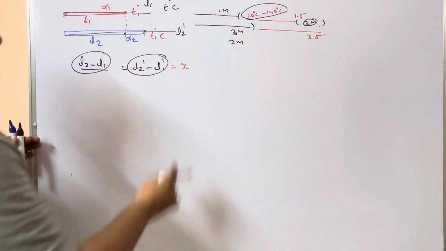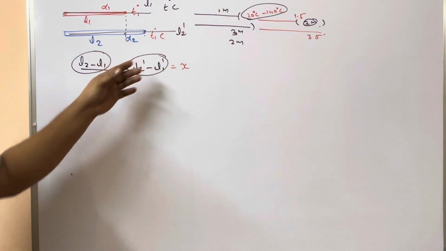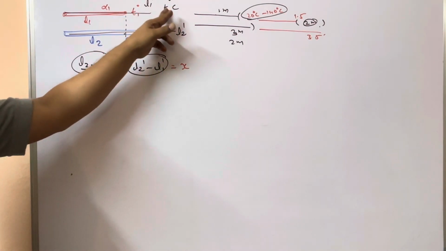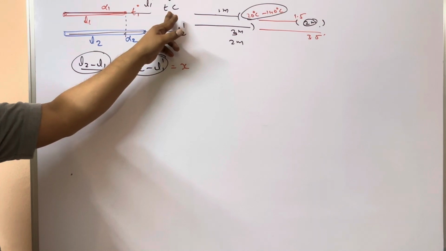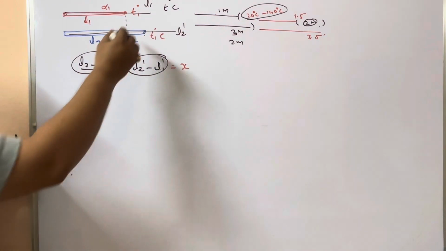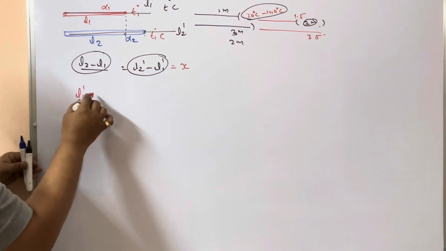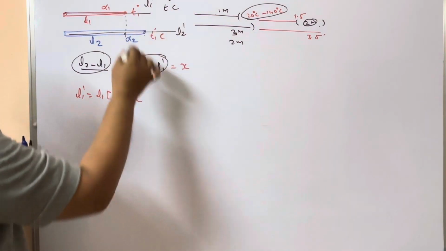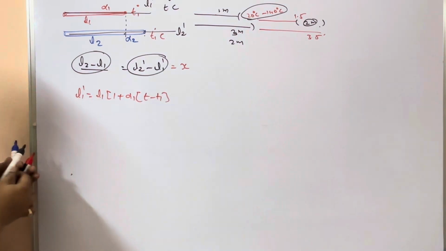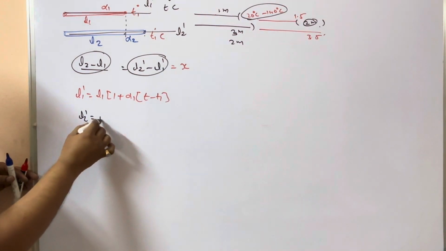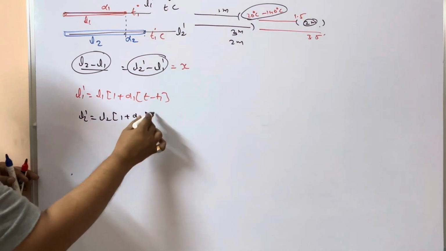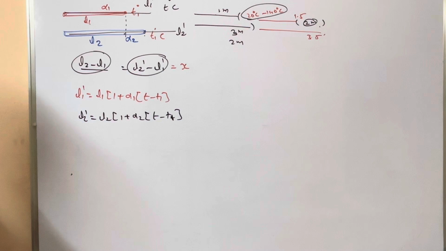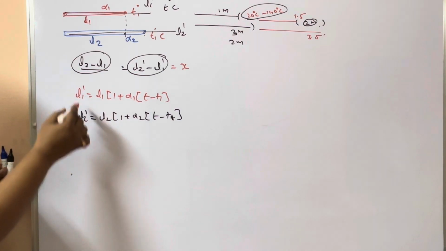That we will assume X. The difference should be constant, for the same rise in temperature, from T1 to T. At that time, how do we write the final length? L1 dash is equal to L1 into 1 plus alpha 1 into T minus T1. Same like that, L2 dash is equal to L2 into 1 plus alpha 2 into T minus T1, because both are at the same temperature. Now, subtract these two.